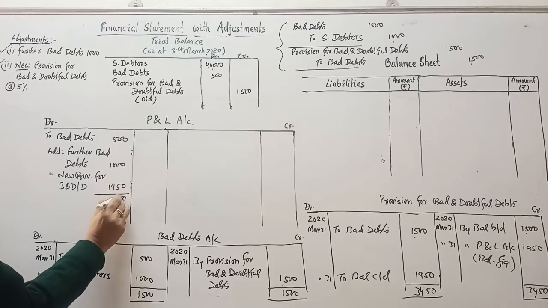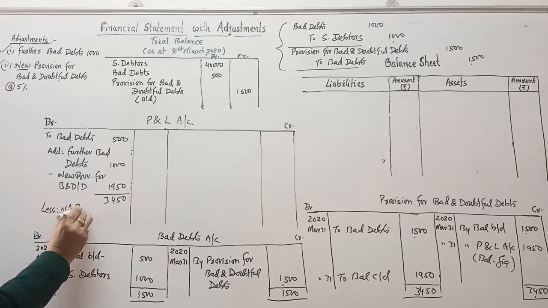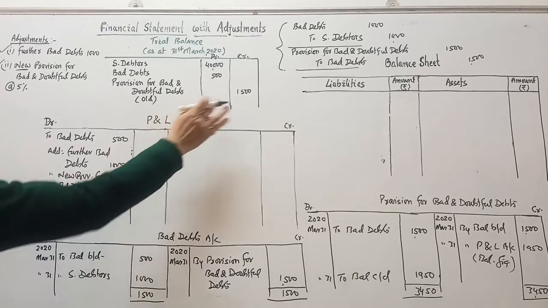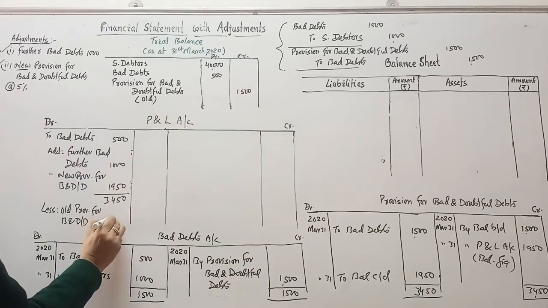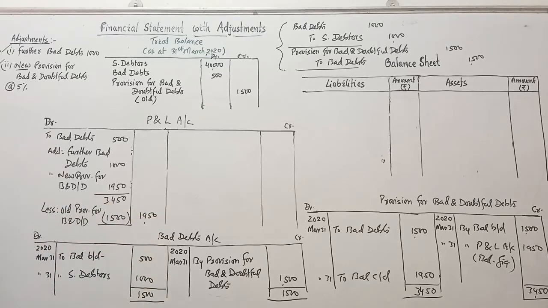You add this amount, and you deduct the old provision for bad and doubtful debts. Old provision is 1500, you deduct it, and after deduction you write the amount 1950. This is another way of writing the amount.